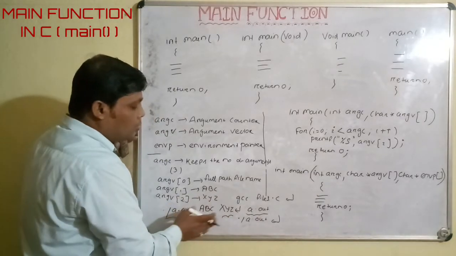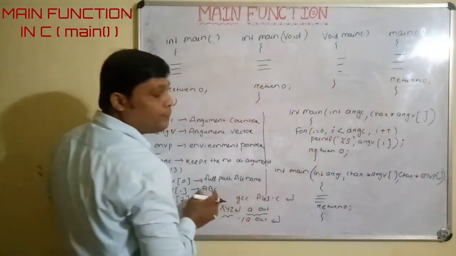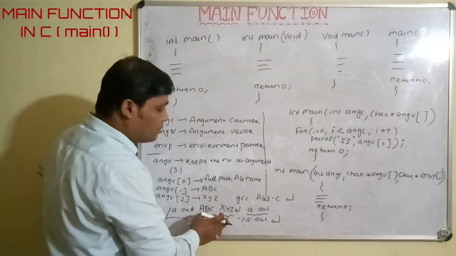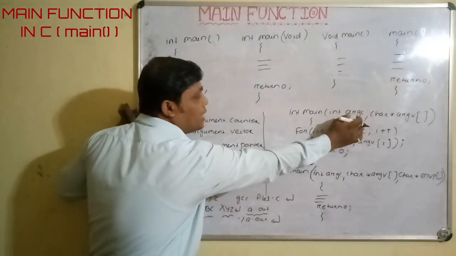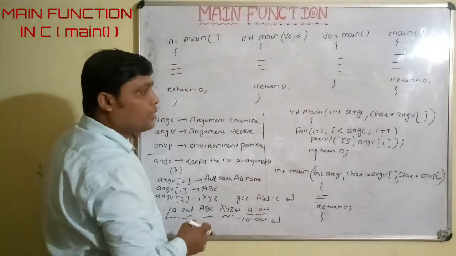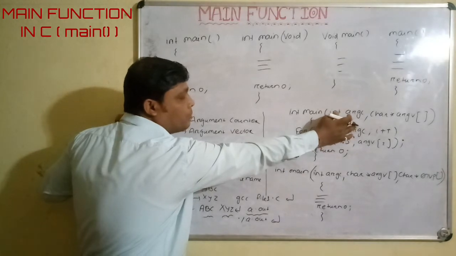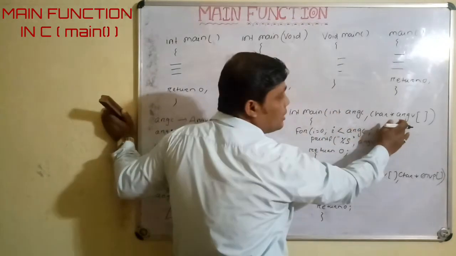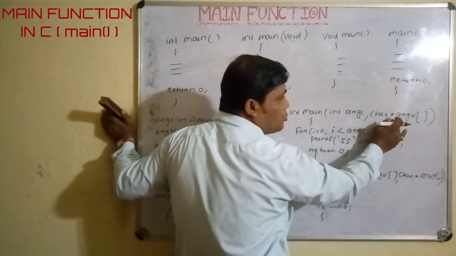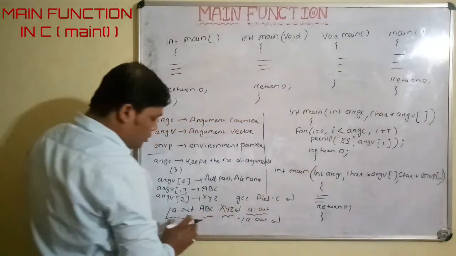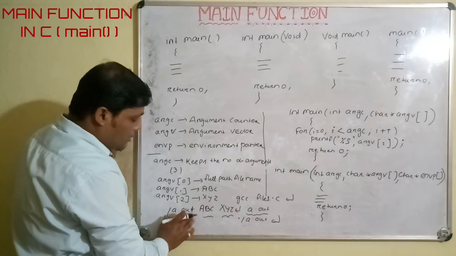In this way, with the help of command line arguments, you can use these parameters. When you pass some parameters from the command line, at that time you will use this argc and argv. Clear? Argc is the number of parameters or arguments passed from the command line, and argv keeps the strings or parameters. This is a pointer to string. Clear? So first argv 0 will display what?